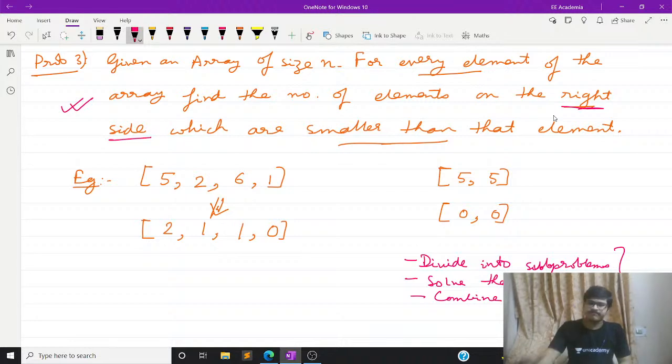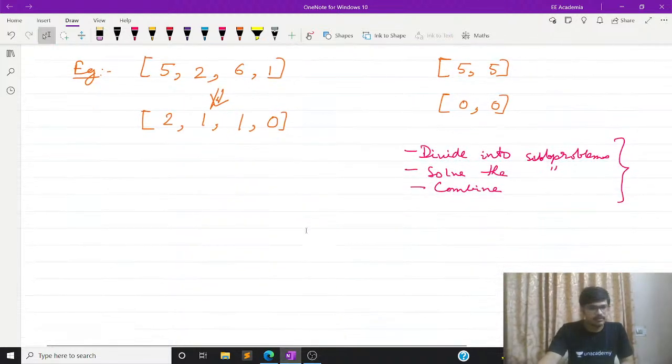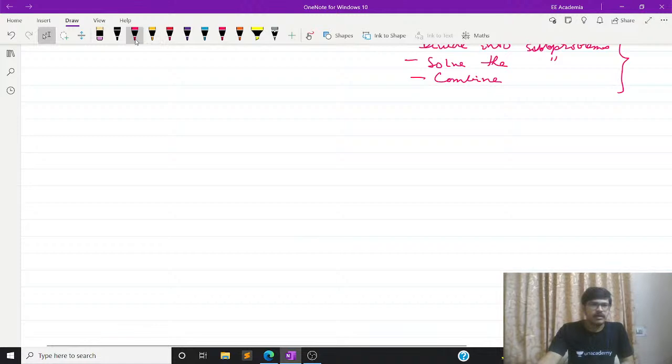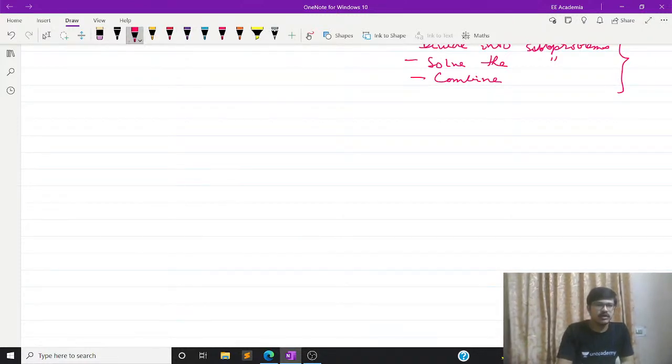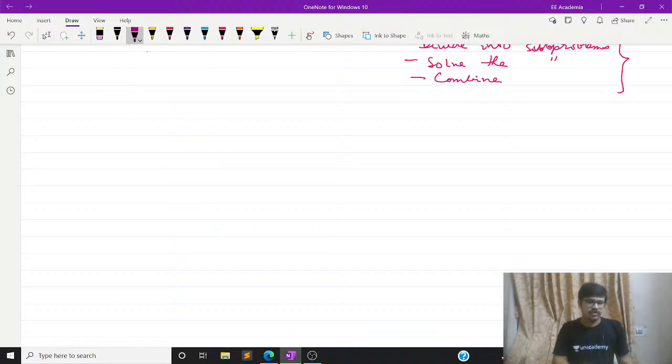Okay, so I guess I should go with how we can solve this. I expect that most of you know what the merge sort algorithm is, right? All of you know what merge sort is. Write in the chat yes or no. I hope that everyone of you knows what merge sort is.